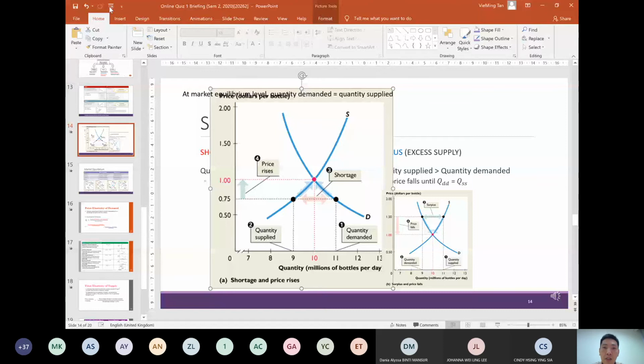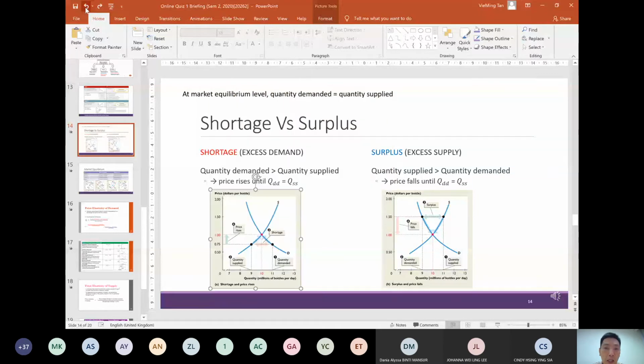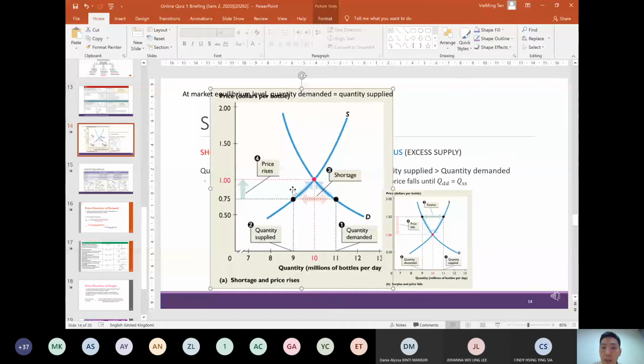Okay, so what happens if the market price is below $1? Let's say the market price is below the equilibrium price, only 75 cents for the bottled water.